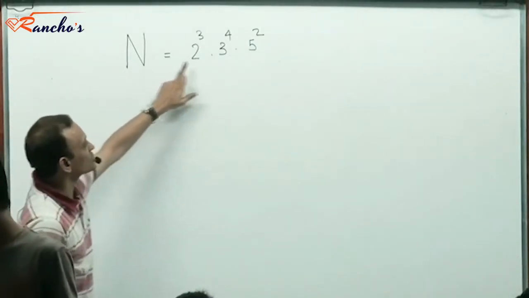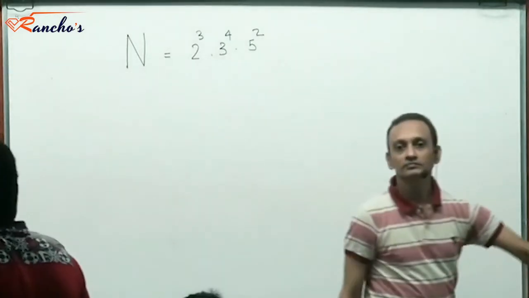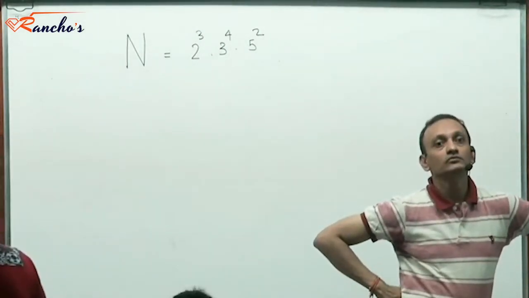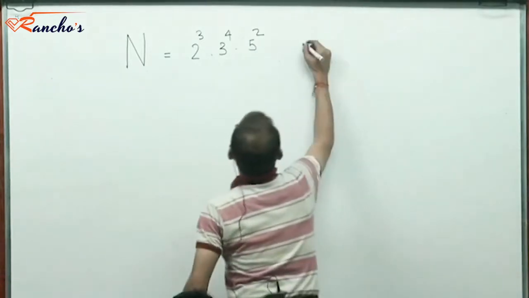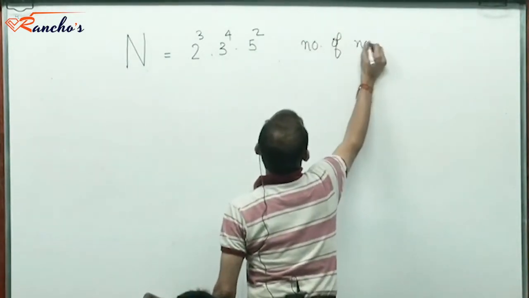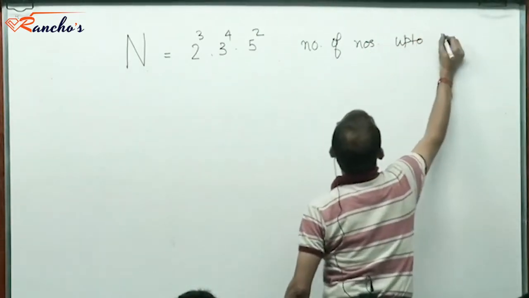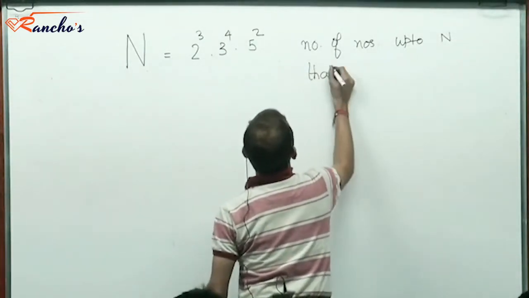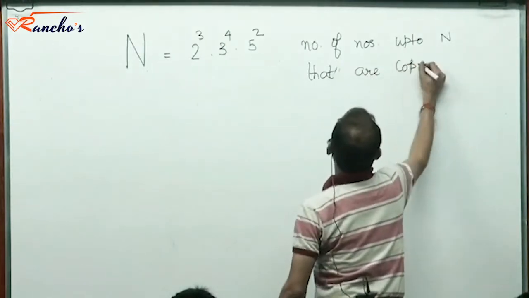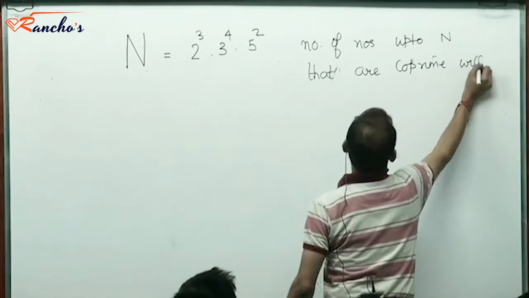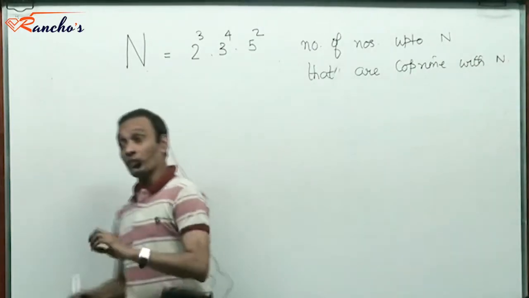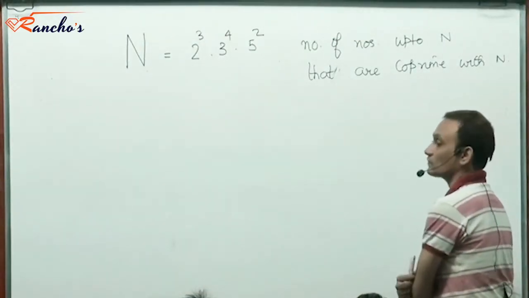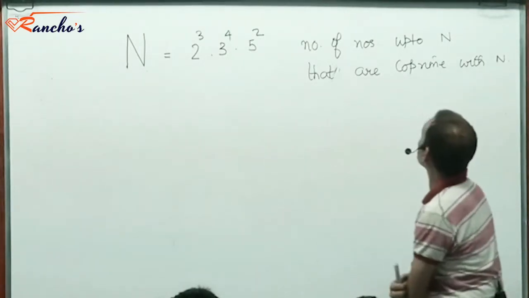And what I want to find is the number of numbers up to n that are co-prime with n or relatively prime with n.